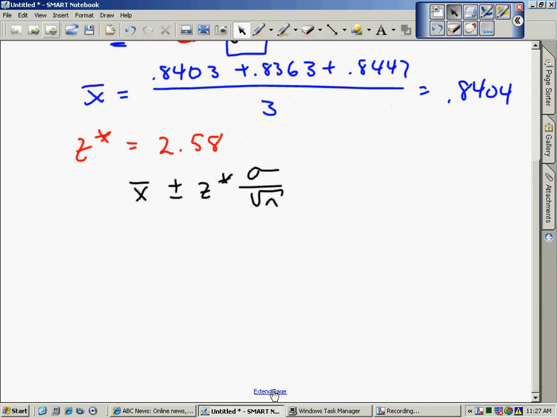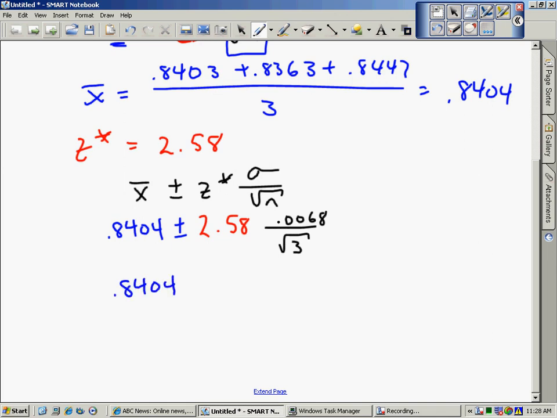X bar for this problem was 0.8404 plus or minus the z star we just said was 2.58, and the rest of the given information, sigma is 0.0068, and we had a sample of 3 specimens. Working this out, you get 0.8404 plus or minus 0.0101, and that gives me 0.8303 to 0.8505.